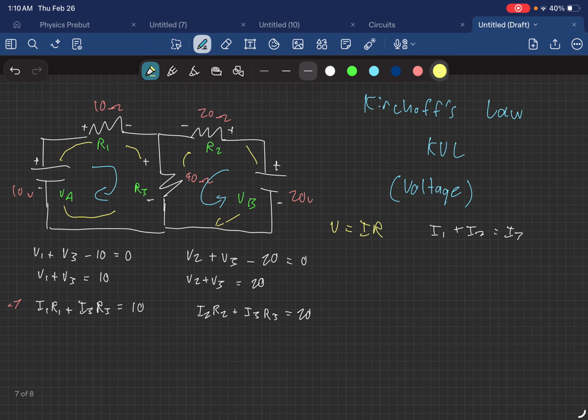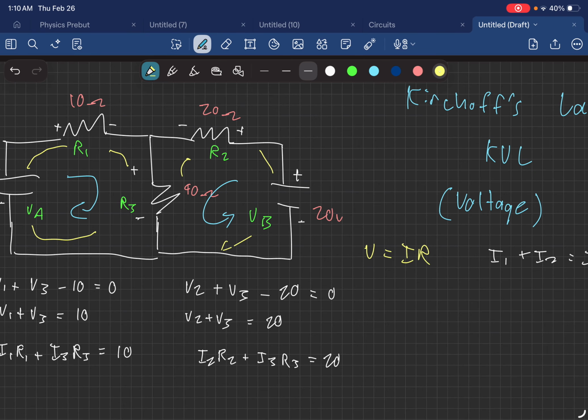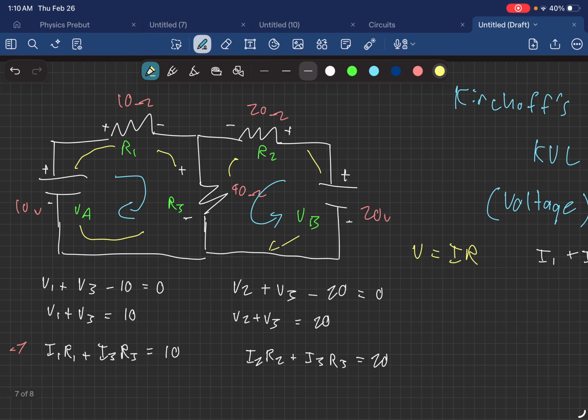If you notice, I'm actually using the same circuit as we used in the KCL video. So these currents make up this current. You feel me?